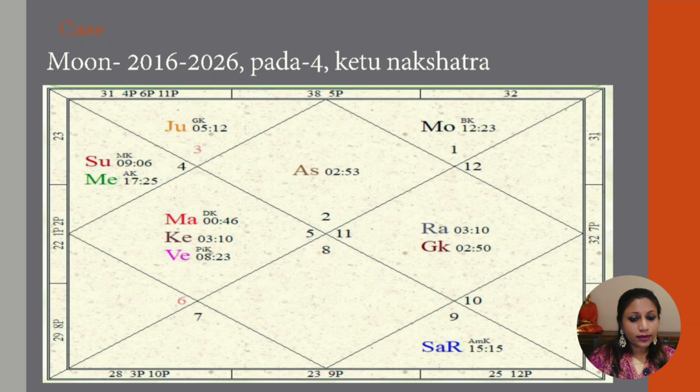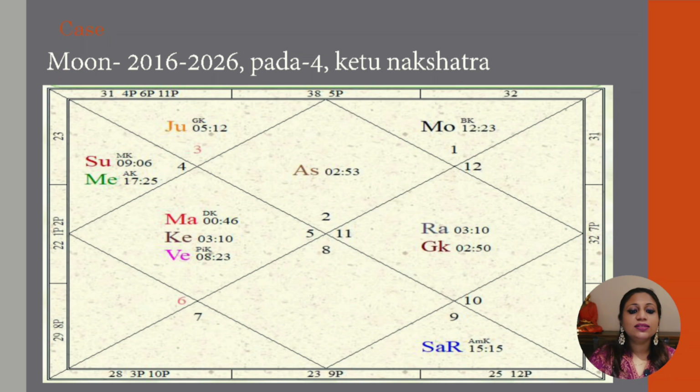So if we divide 2016 to 2026, the last stage started in 2023. In 2023, this person was detected with lung cancer. So Ketu had to provide its negative results, which got activated in the last stage of Moon's time period.